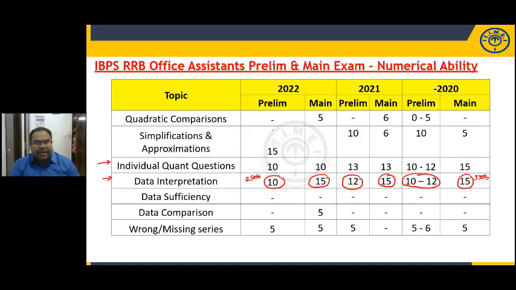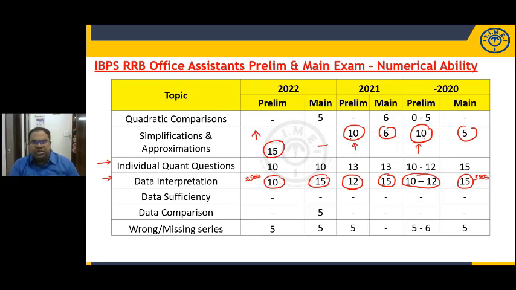interpretation. But here you can see an increase in weightage for simplification and approximation. See here, 15 questions: prelim exam 10, main exam 6. There are no questions in here. Prelim exam 10, main exam 5. But you can find more simplification and approximation questions in the prelim exam.